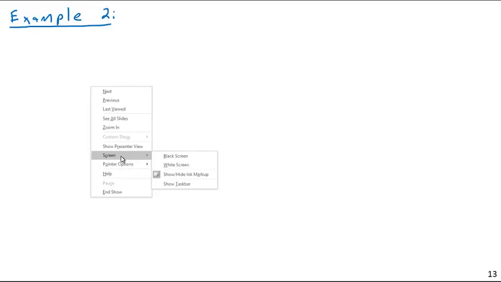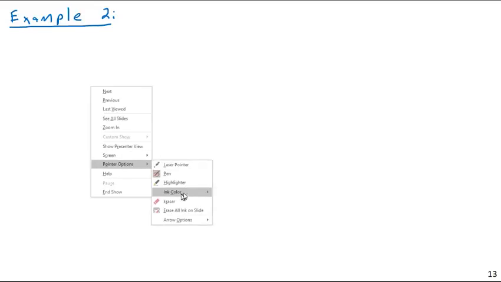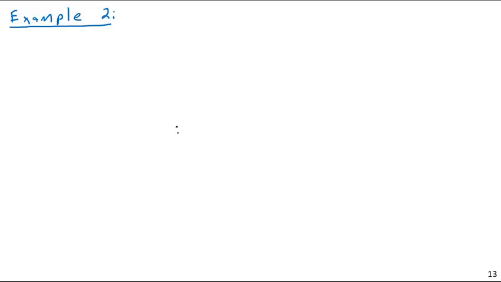Example 2. All right, so I'm going to have a fixed end shaft under torque.